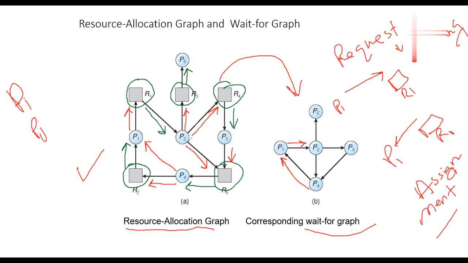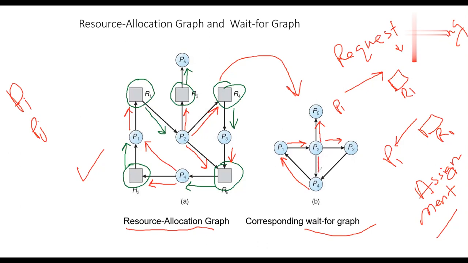And let's see about P2, who P2 is waiting for. P2 is waiting for two processes, P5 and P3. P5, why? Because P5 holds R3. So it's waiting for P5. It's also waiting for P3 because P3 holds R4. And finally, P2 is also waiting for R5, where R5 is assigned to P4.